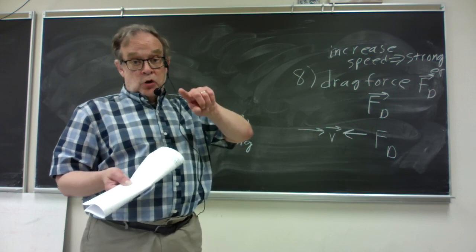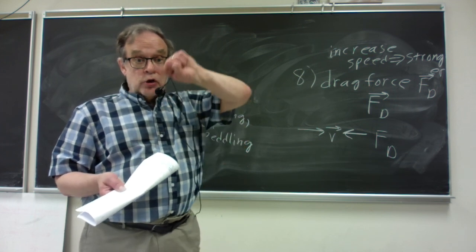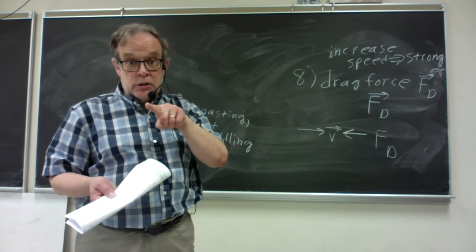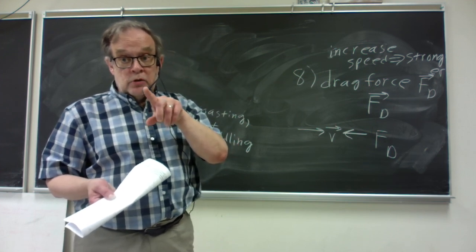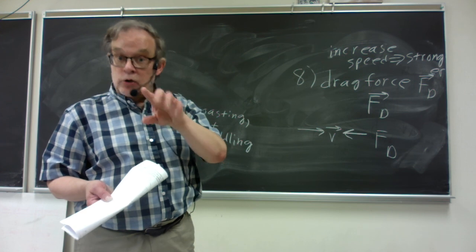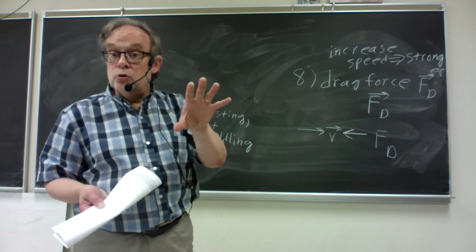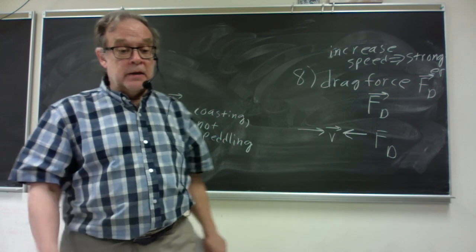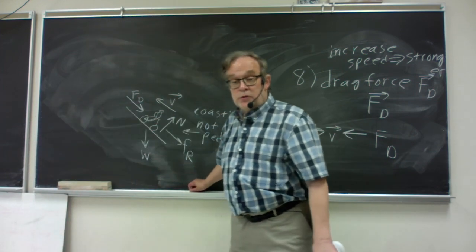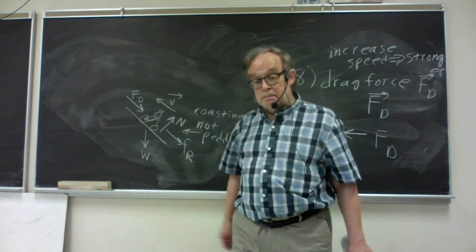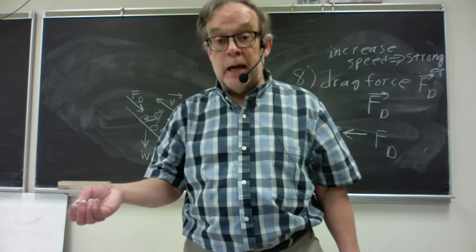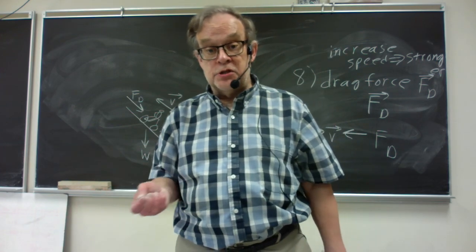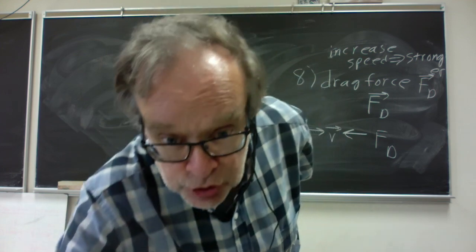So that's the reason for an important piece of advice that you saw in Chapter 4. If you're trying to find all the forces acting on an object, look at the boundary of that object and identify all the things that are in contact with the object. And it's almost for sure that all of the things in contact, or at least most of them, will be applying forces, contact forces, to the object that you're interested in.